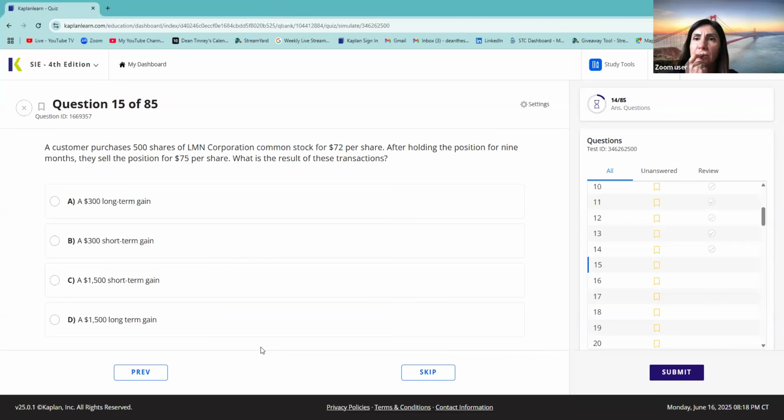Yeah, because you've got two that say short term. It's short term because you weren't at risk for more than 12 months. Right. So you are correct that 9 months is short term. That means it's going to be taxed at your ordinary income tax rates. Now you've got to decide, is it a $300 gain or is it a $1,500 gain? $1,500, because he has 500 shares. There you go. Excellent.